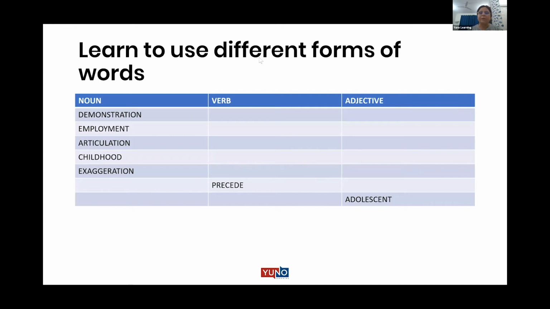Okay. Articulation. Who would like to? Let me move on to somebody else now. Yes, Neeraj. Could you use the word articulation, please? Explain what it means and how can the different forms of the word be used? So the verb form of the articulation will be articulate. Correct.